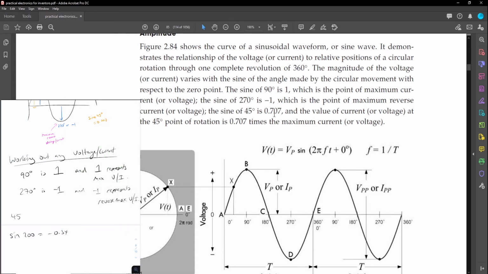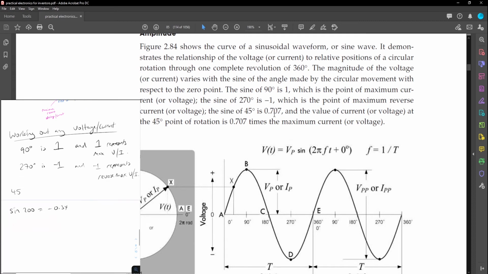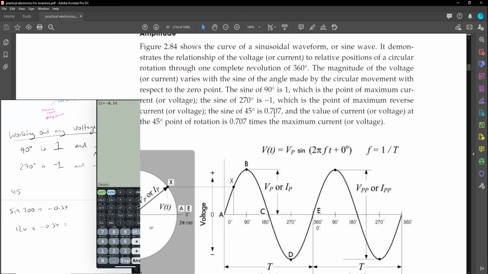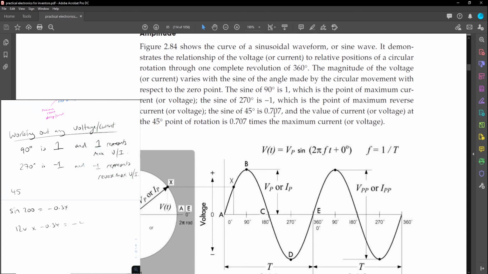Okay. Then how would you work it out? You would take 12 volts and multiply it by minus 0.34, and that should give you the voltage level. So 12 times minus 0.34 means you'd be at minus 4.08 volts.